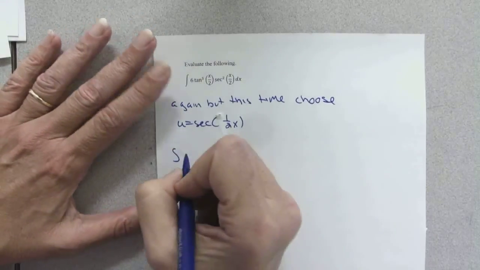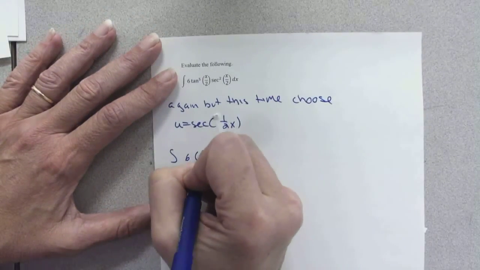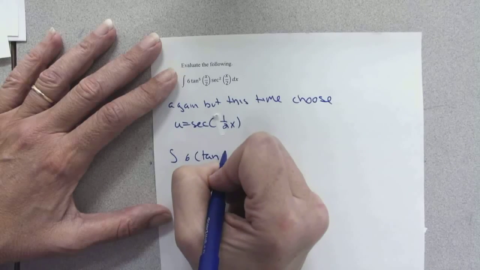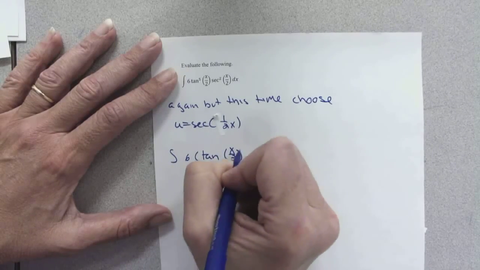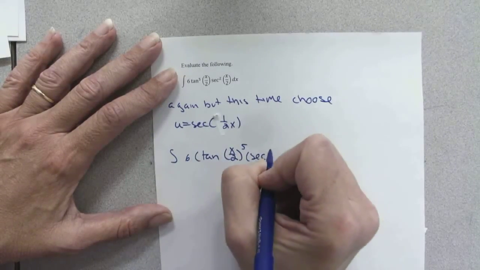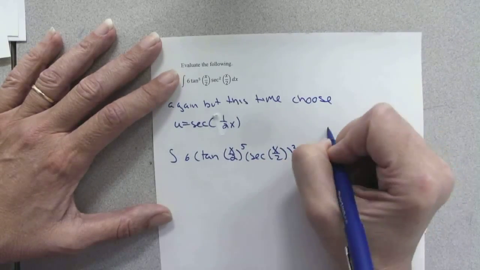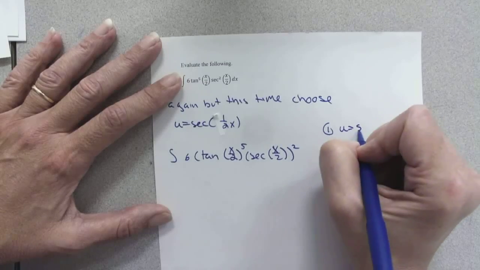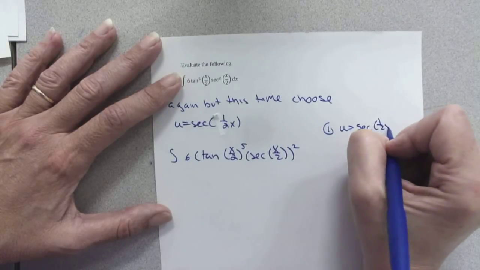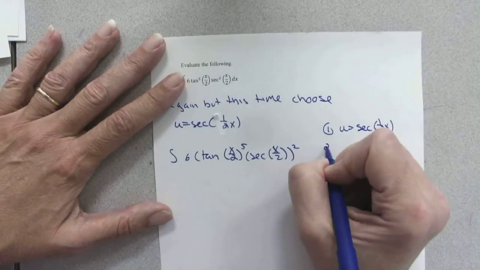So I'm going to rewrite my problem again. So I'm going to let u equal secant of 1/2 x.